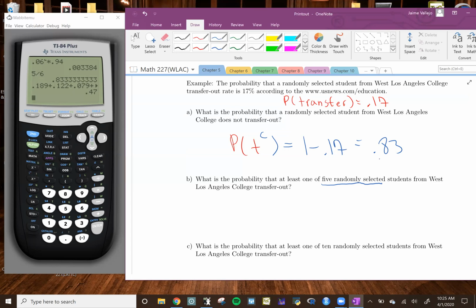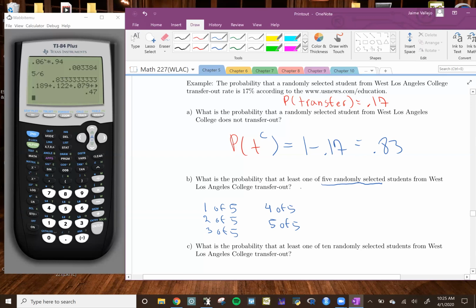If you look right here, it says at least one. So when we're doing it for at least one, that means 1 of 5, but it could also be 2 of 5, 3 of 5, 4 of 5, or 5 of 5.